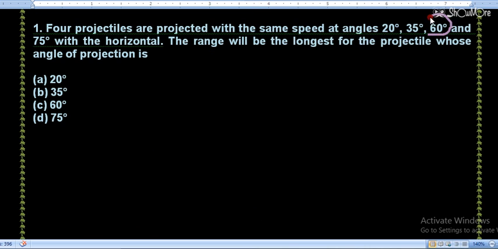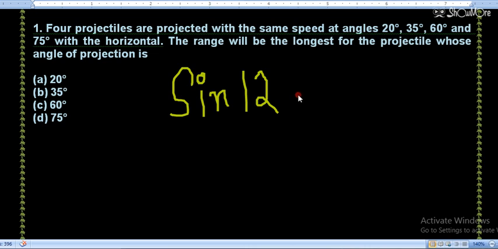This is theta equal to 60 degree, but in the range we have sine 2 theta, so in the range relation we will get sine 120 degree. Sine 120 is basically equal to cos 30, and cos 30 is equal to under root 3 by 2.